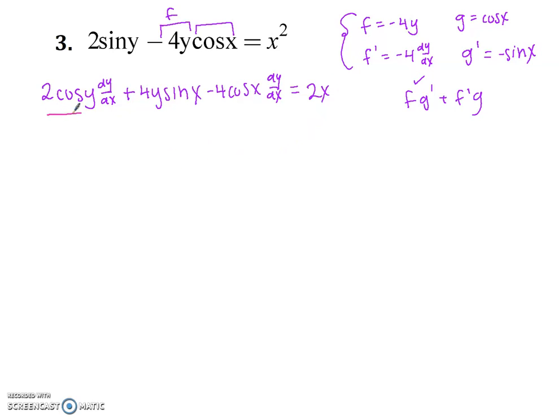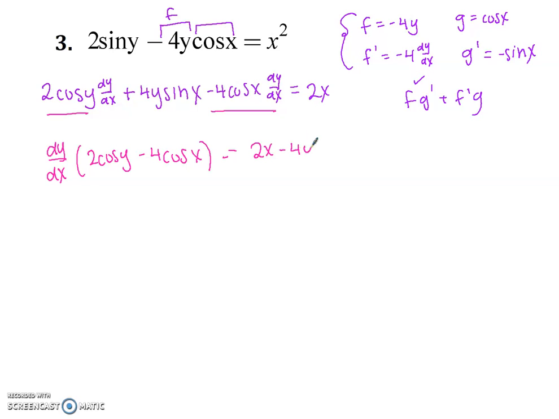Okay. Then I'm going to leave these two over here, and I'm going to go ahead and take out the dy dx. So that'll give me 2 cosine of y minus 4 cosine of x. This term doesn't have a dy dx, so I'm going to move it over with the 2x.